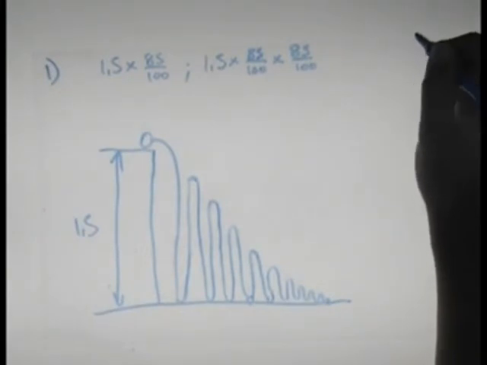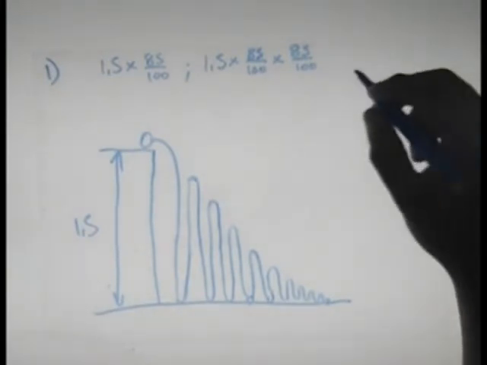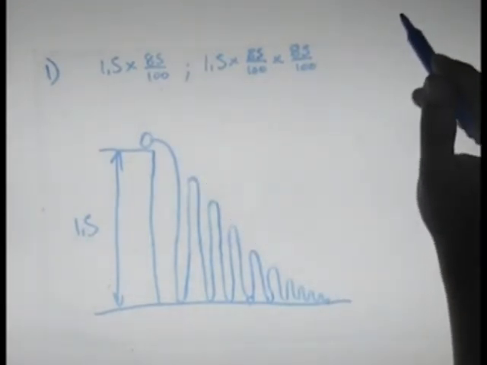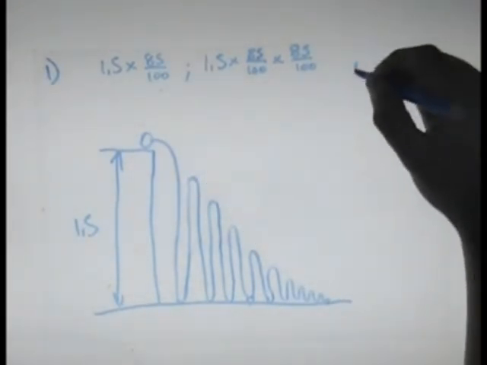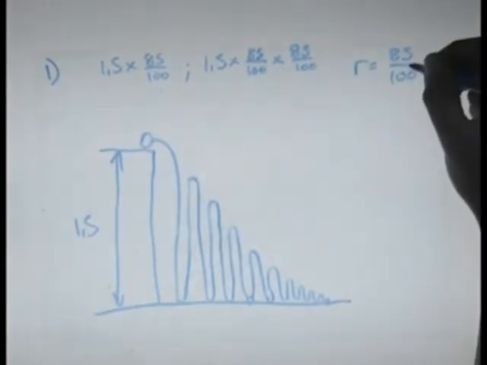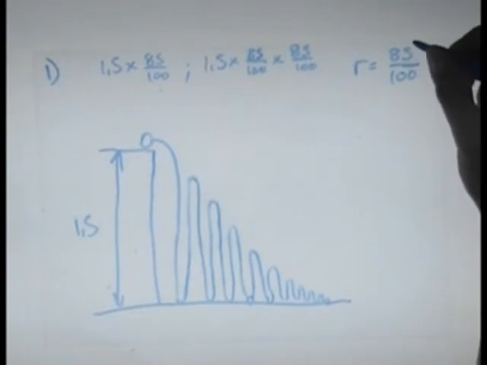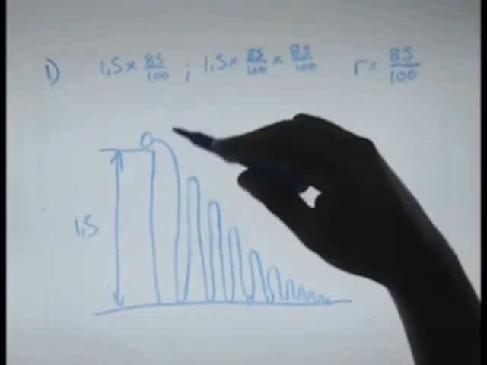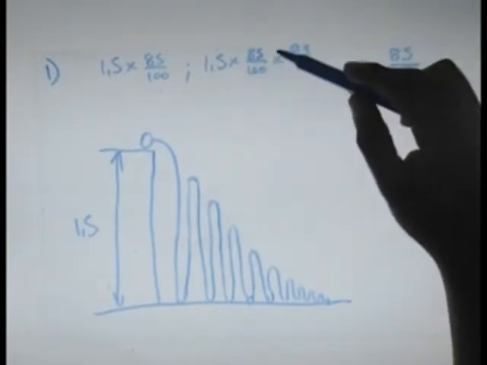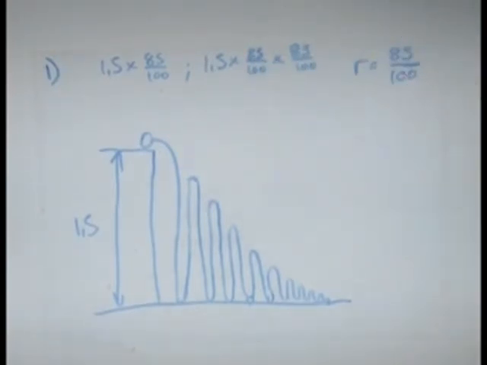So we can see very easily here that our a value is equal to that, and our r value is equal to 85 over 100. Why is it an r value? Because it's geometric. We're not losing a fixed amount, we're losing a percentage each time.